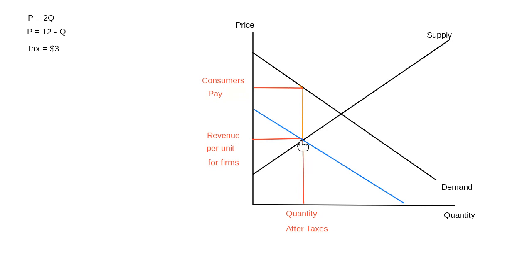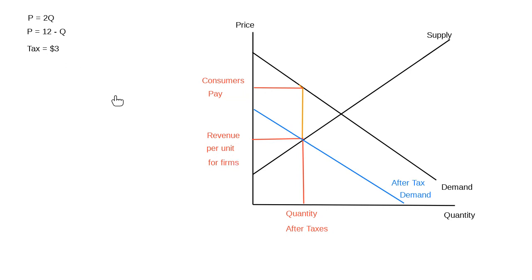Here we get the equilibrium quantity after taxes, which is the intersection point between the after-tax demand curve and supply. We can call this after tax. This intersection point gives us the quantity and then the revenue.